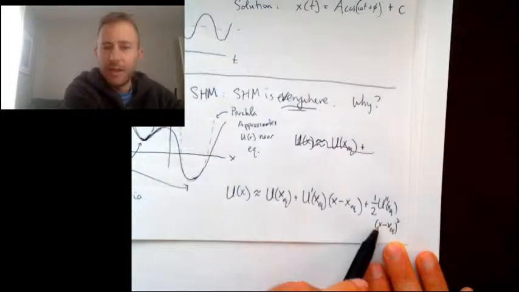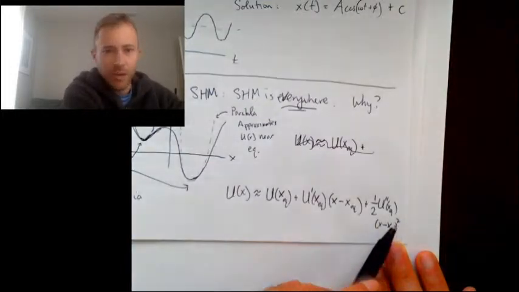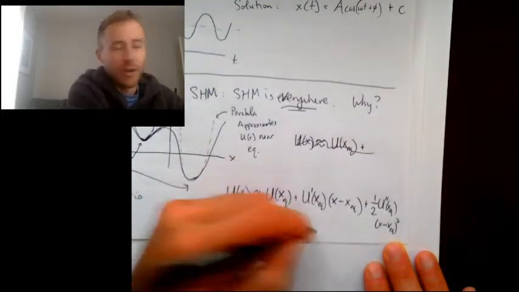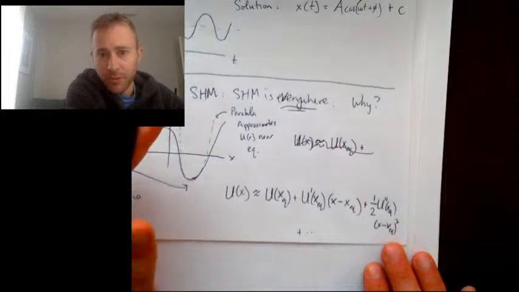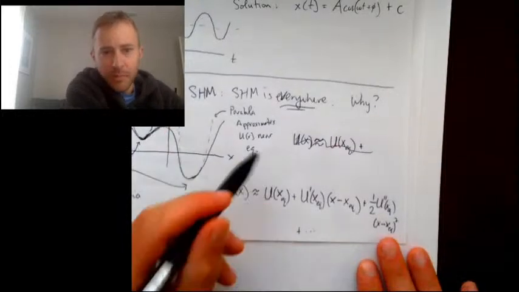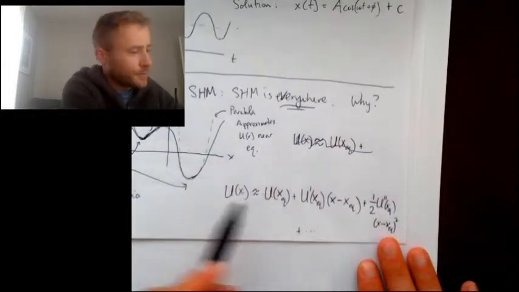So notice how it has x squared, so it's a parabola. Plus other terms if we wanted to make it a more precise approximation.